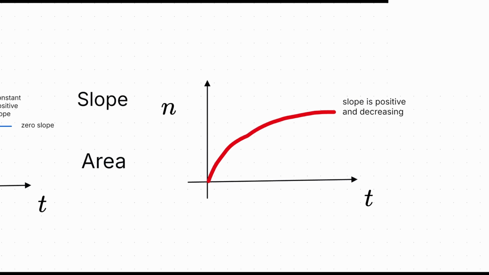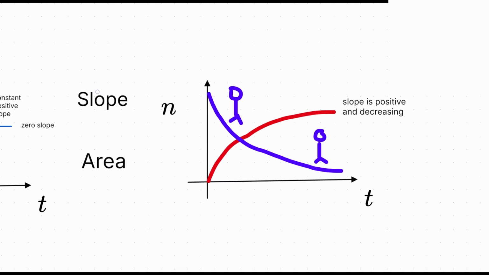Next, what if you have something like this? What can we observe? If we look at the leftmost end and the rightmost end of this graph, we can say that the curve gets flatter and flatter as well.